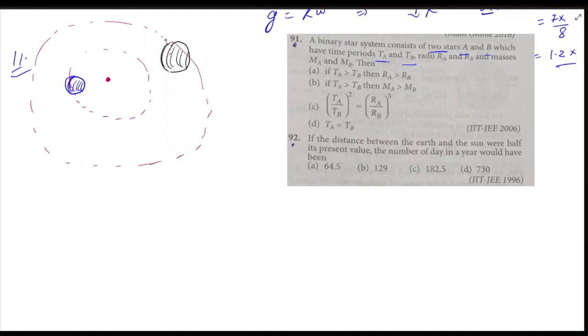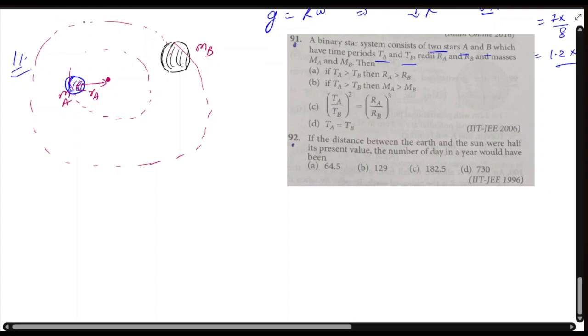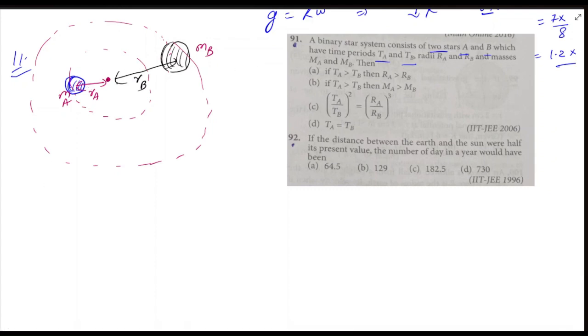Okay, perfect. So let's say this was our A, so this will be RA, and it has mass MA. This is MB, and this distance will be RB. Okay. Now the time period will be TA and TB.